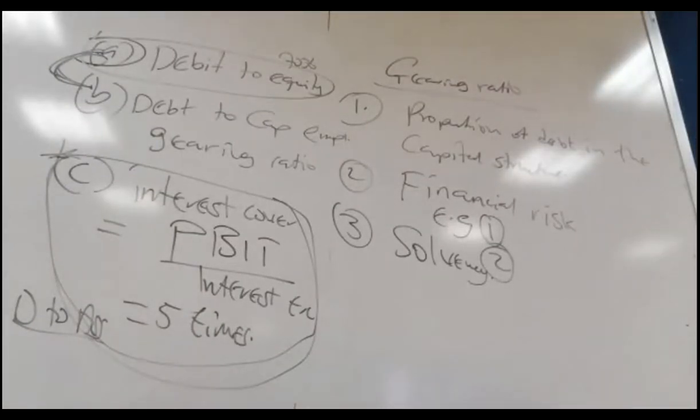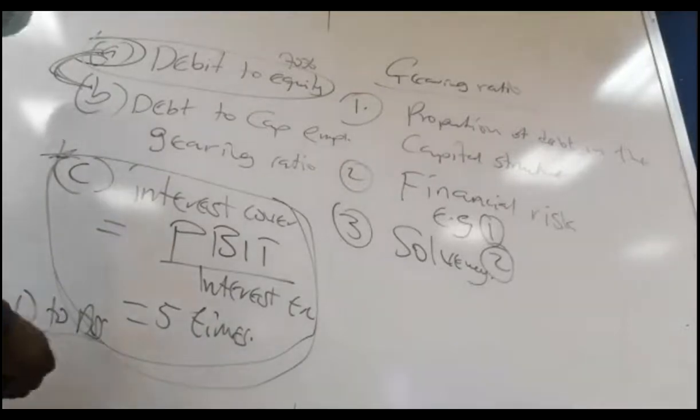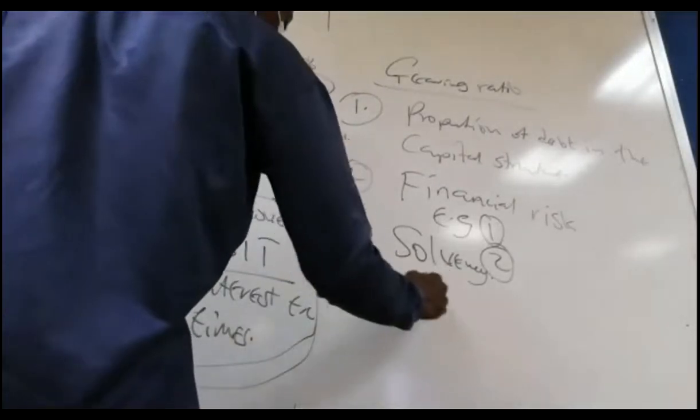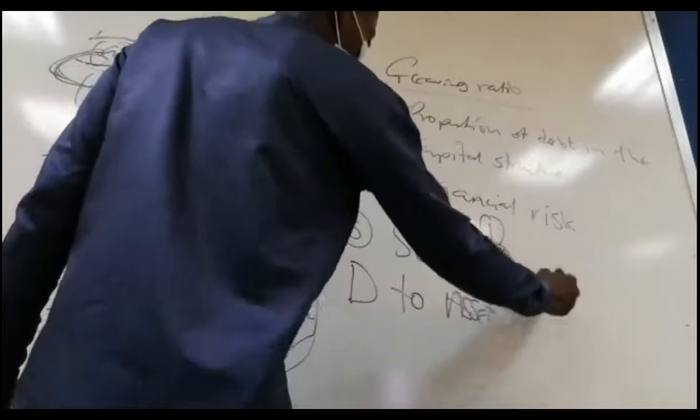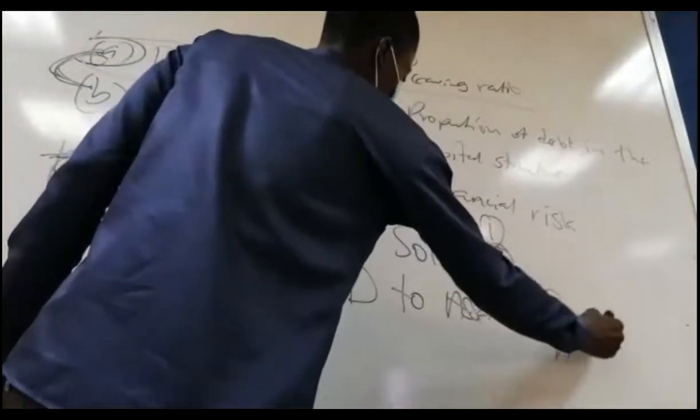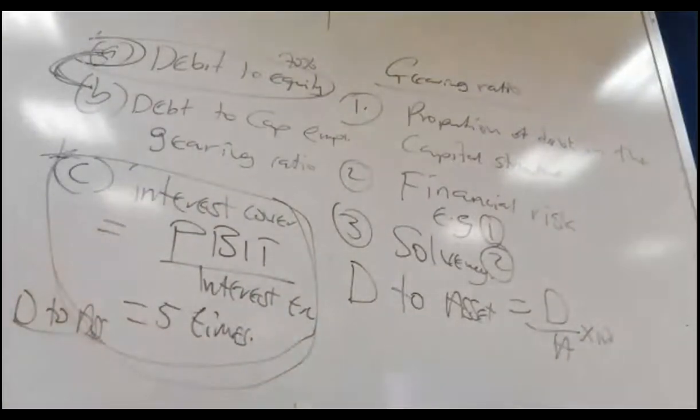The additional one that I brought is the debt to asset ratio, which is equal to debt over total assets times 100.